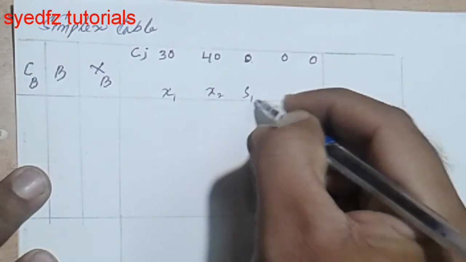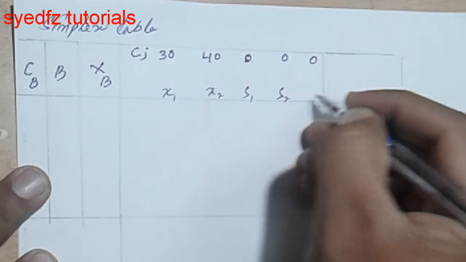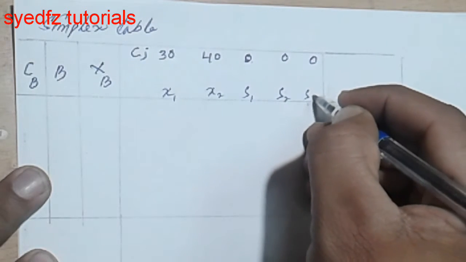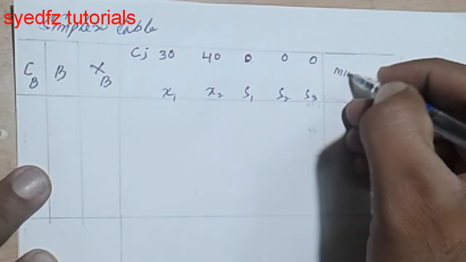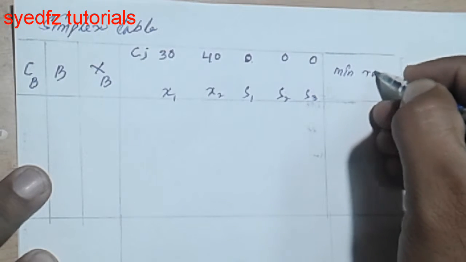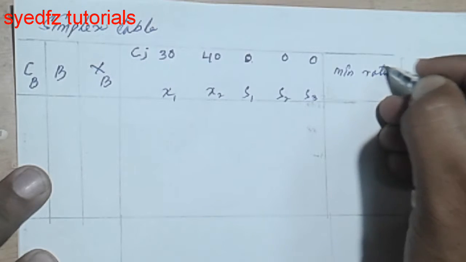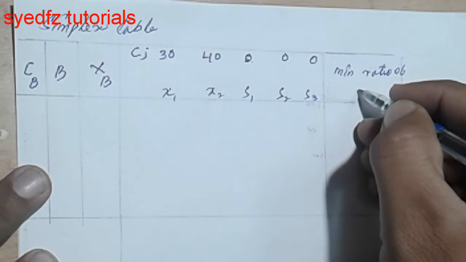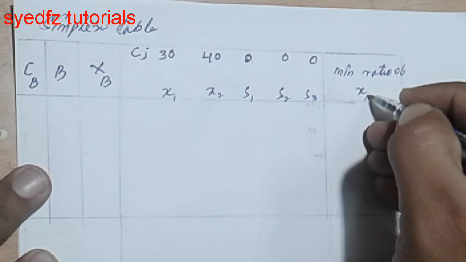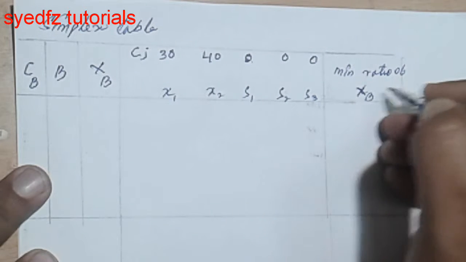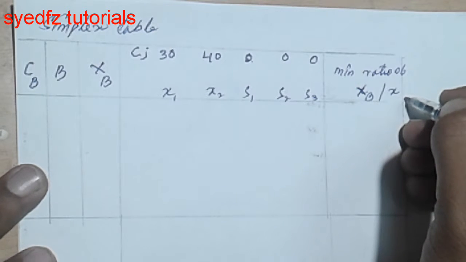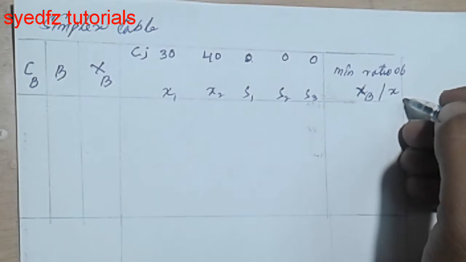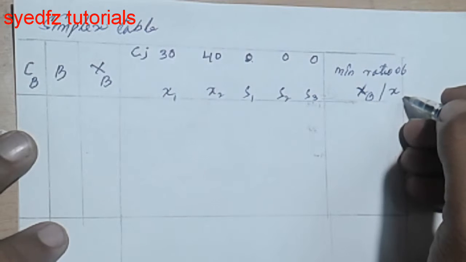S1 value is 0, S2 value also 0, S3 value also 0. Here take minimum ratio of solution to basic variable divided by x, in whichever column we get the pivot column.